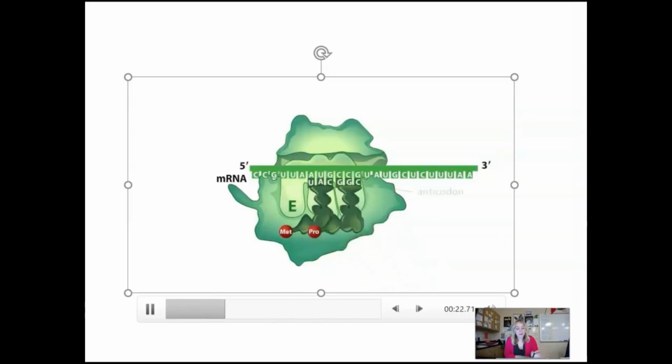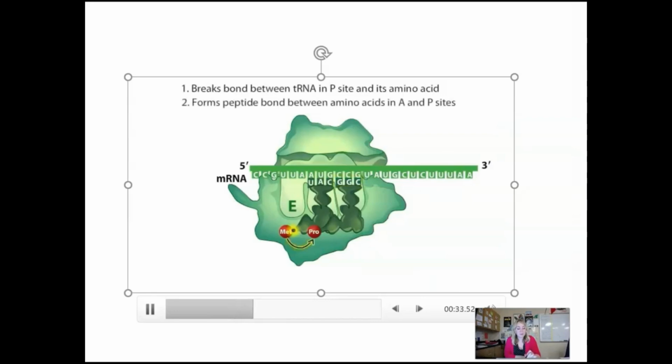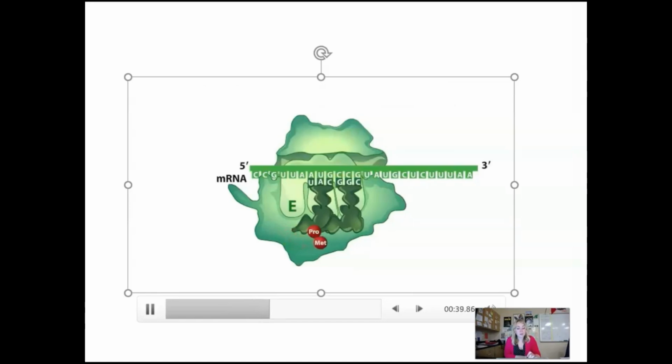A, P, and E. Here comes the tRNA, bringing a proper amino acid based on a codon, and then the bond between tRNA and methionine is going to be broken, releasing that methionine and forming a bond with proline. So this is that peptide bond formation that is happening.